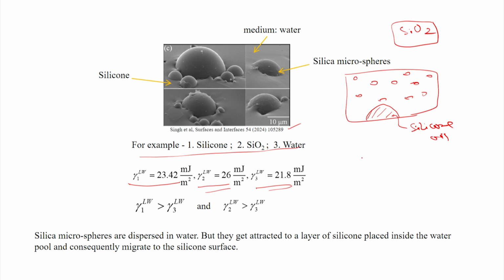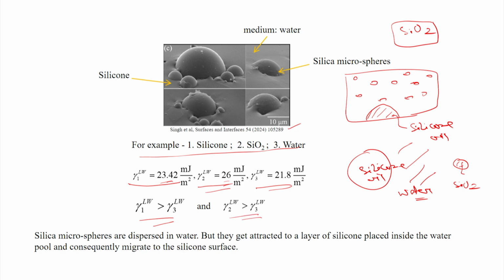So in essence, this is silicone oil, this is the microparticle, the silica particle SiO2, and in between you have water. Since gamma 1 LW, 23.42, is larger than this, and gamma 2 LW, 26 for the silica particle, is also larger than 21.8, that is gamma 3 LW.